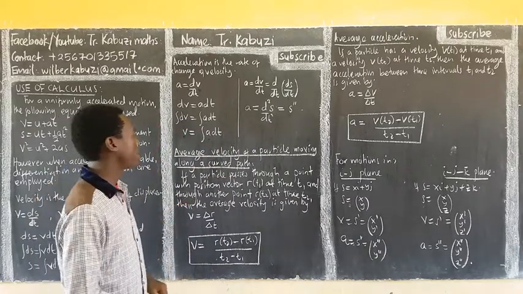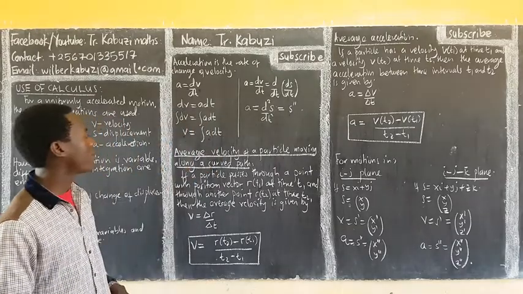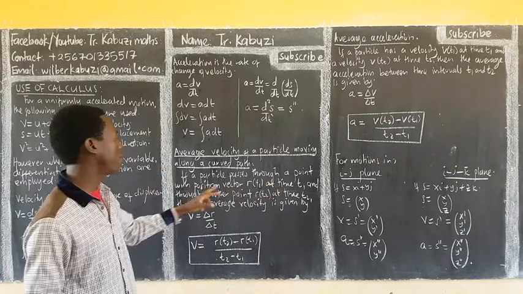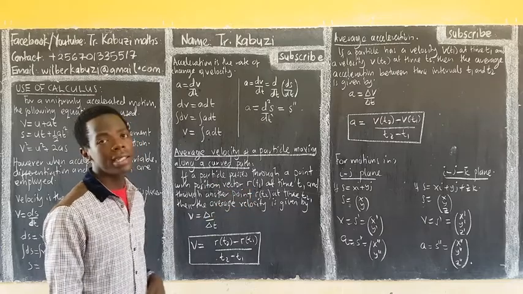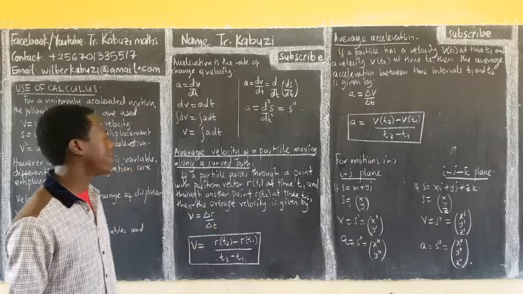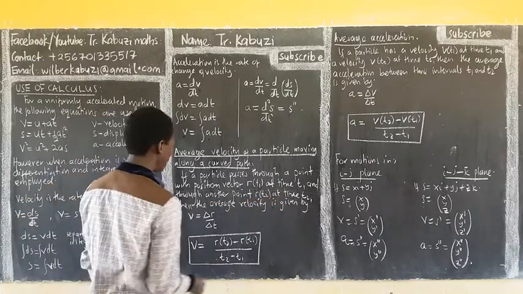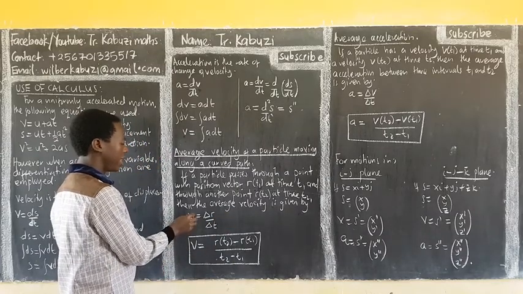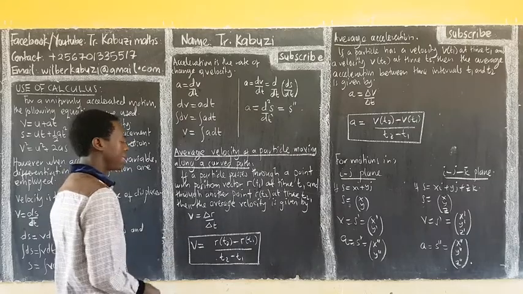Let us go to the average velocity of a particle moving along a curved path. If a particle passes through a point with position vector r(t1) at time t1, and through another point r(t2) at time t2, then the average velocity is given by this. Average velocity is equal to the change in displacement over the change in time.